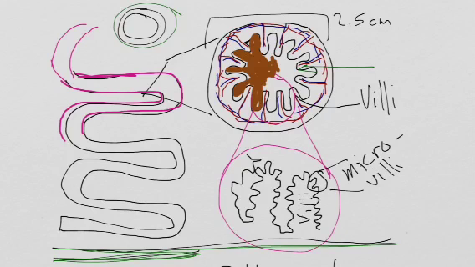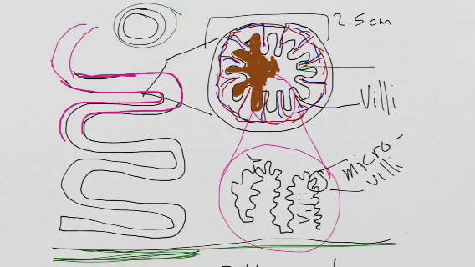So just to let you know, on these actual villi, we also have, just to better absorb, even smaller little projections called microvilli. And these villi and microvilli allow for pretty much all of the nutrients that are absorbed in the small intestine to be absorbed there.